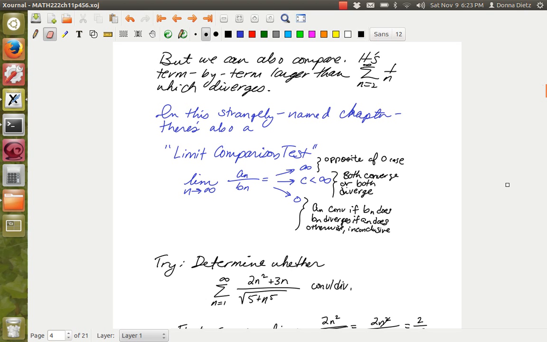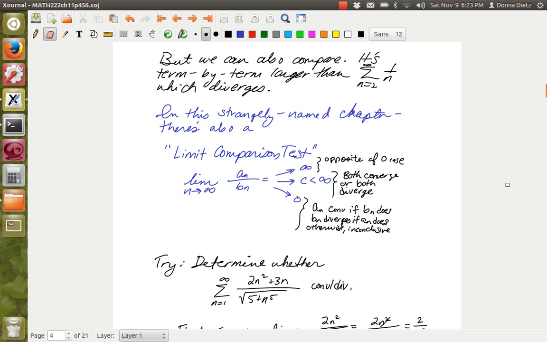So, the limit comparison test, the one I kind of call the chocolate comparison test. It's a little more beefed up. You pair up term by term, just like we were doing before, but instead of actually doing the comparison outright, you just make a fraction and take this fraction's limit as n goes to infinity.